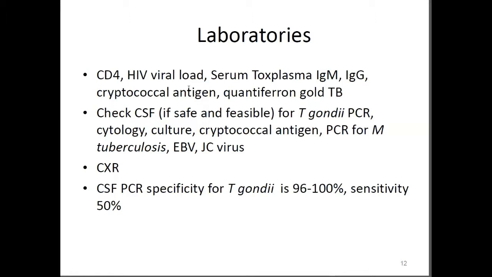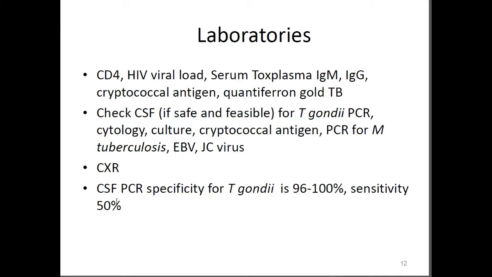If we can check CSF, we can send cell count, protein, glucose, and PCR testing for Toxoplasma gondii, cytology, culture, CSF cryptococcal antigen, and PCR for Mycobacterium tuberculosis. We can also send PCR for Epstein-Barr virus and JC virus, and do a chest X-ray as a baseline.